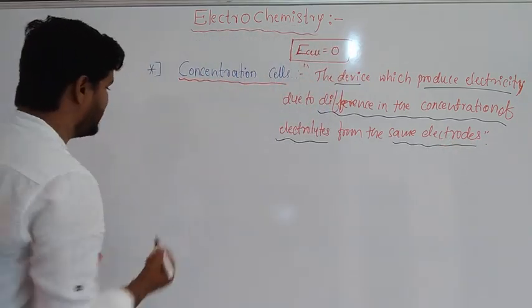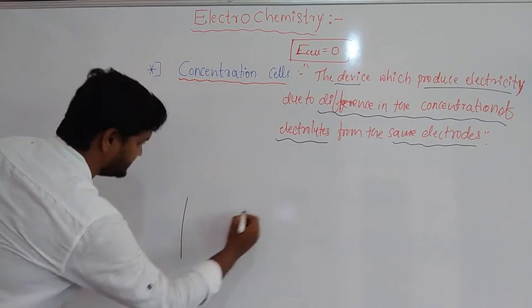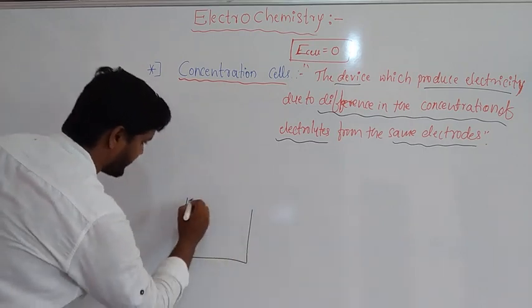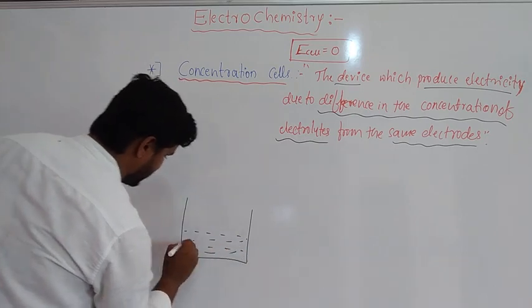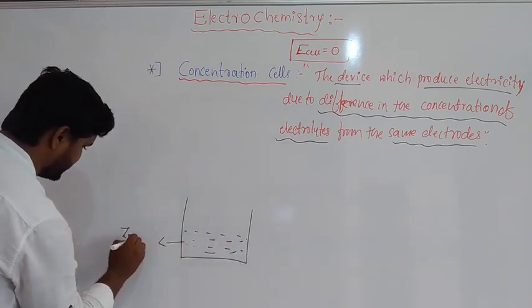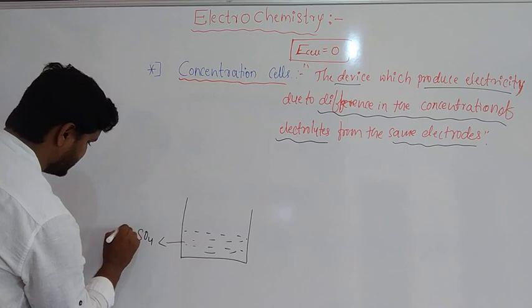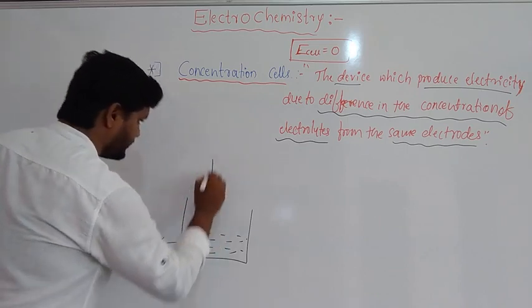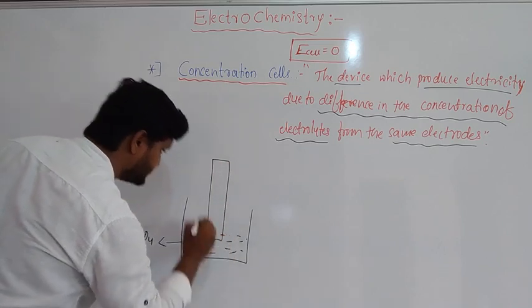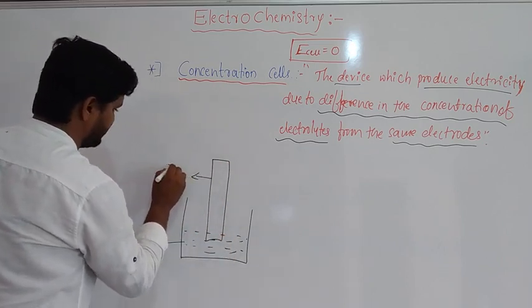You can imagine, this is one half cell reaction. Here the electrolytic solution we are going to take is ZnSO4, zinc sulfate, and in this a zinc electrode is dipped.